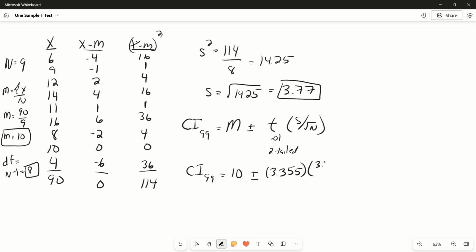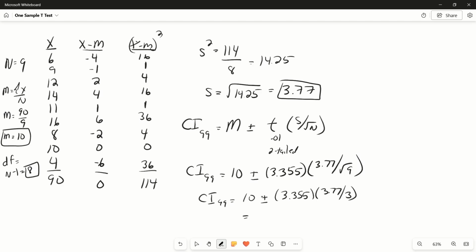S is 3.77, square root of 9. So that's going to be 3, right? So our CI is 10 plus or minus 3.355 times 3.77 over 3.